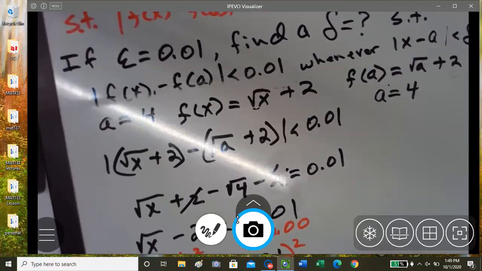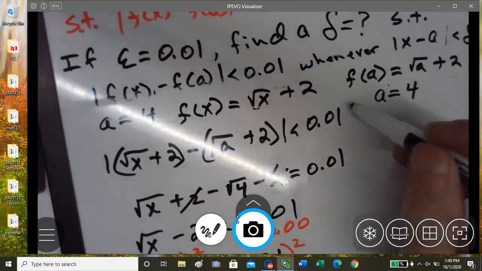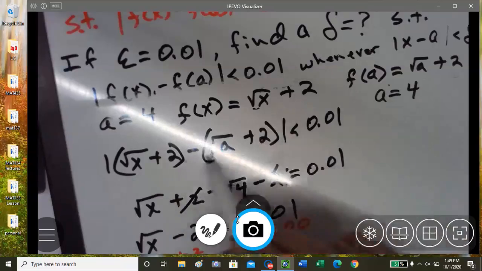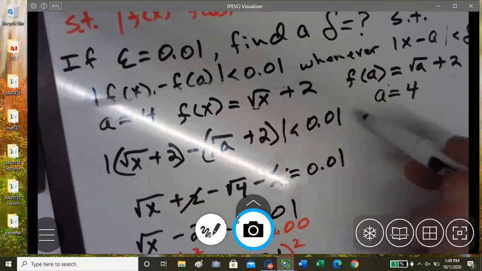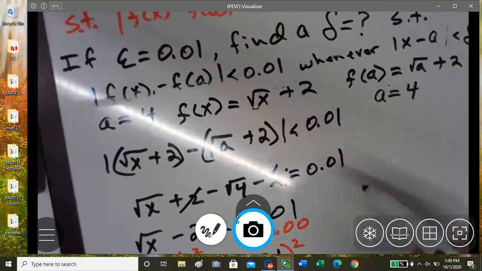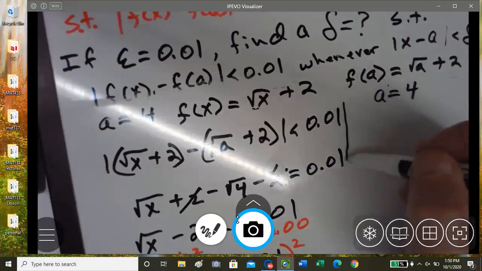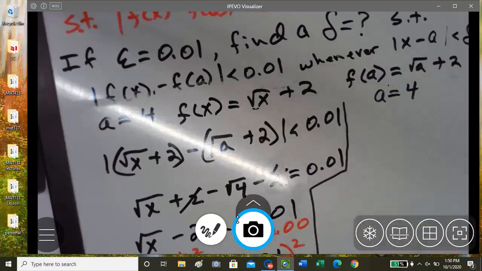Okay, so we're going to do the same thing with this equation and negative 0.01. Try to squeeze that in, because that way we can look at it right to left.